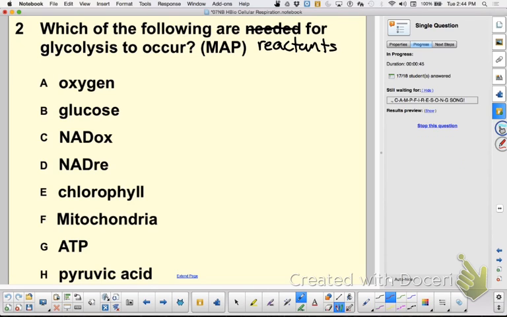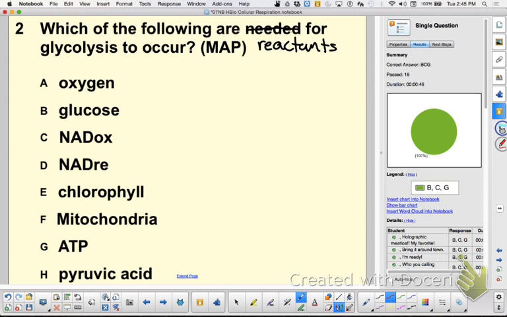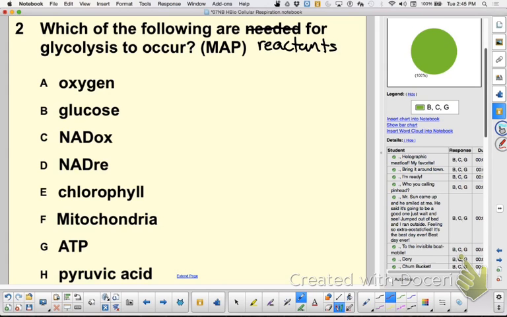Will we do better? Yes, we will do better. I'm so proud of you. Good job, holographic. Bring it around town, I'm ready. Let's get another hundy.